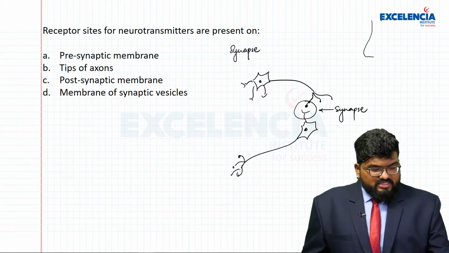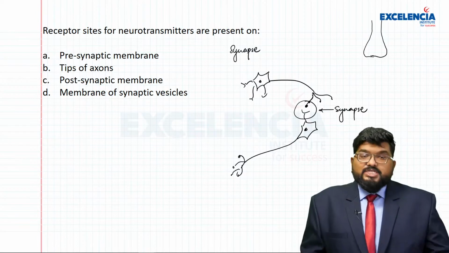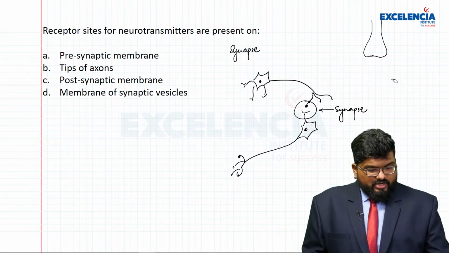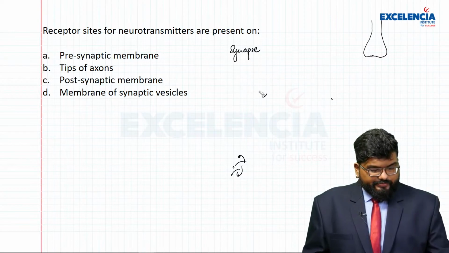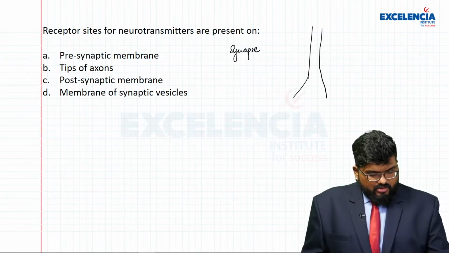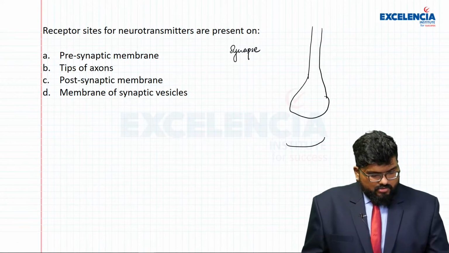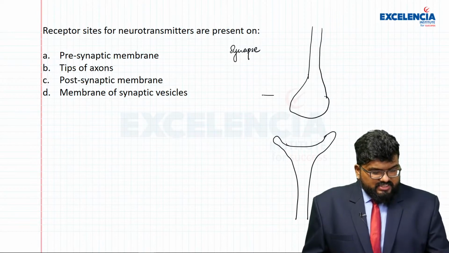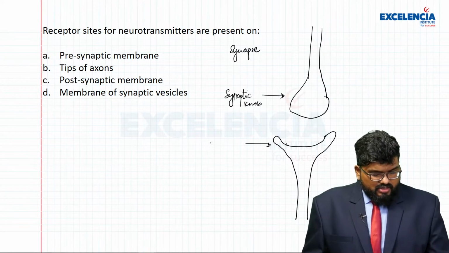We see a presynaptic neuron, and then we see the postsynaptic neuron, correct? I'll just draw it a bit bigger. So this is the synaptic knob, and this here is the dendrite of the subsequent neuron, correct?